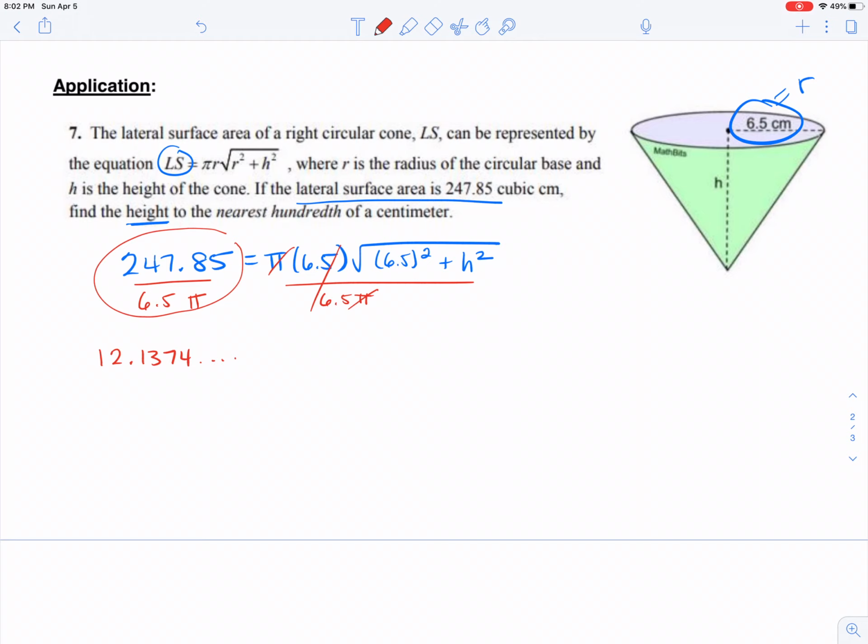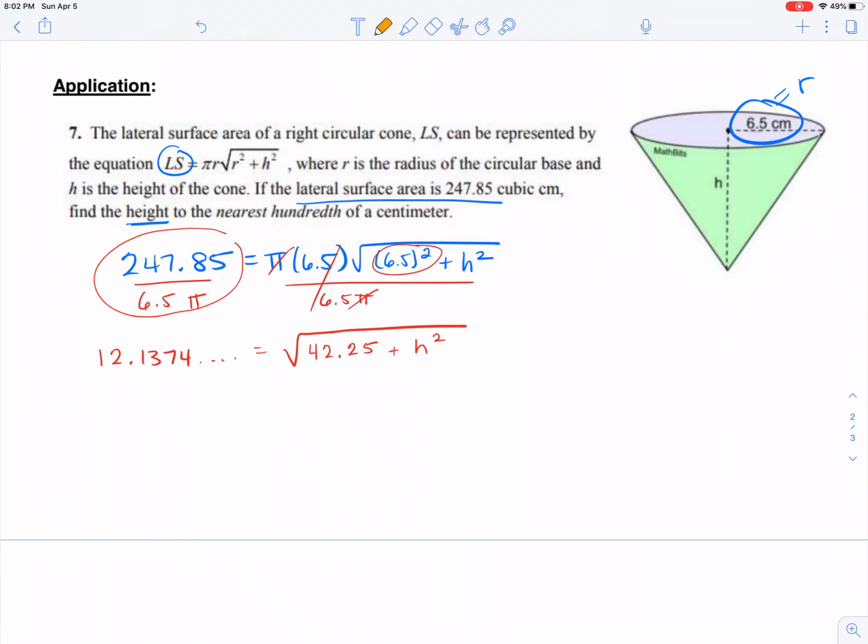If it's the first thing you're putting in the calculator, they'll assign it the value of A. I'll bring down the square root. Instead of 6.5 squared, I would just simplify that and get 42.25 plus h squared. So the 42.25 took the place of the 6.5 squared.